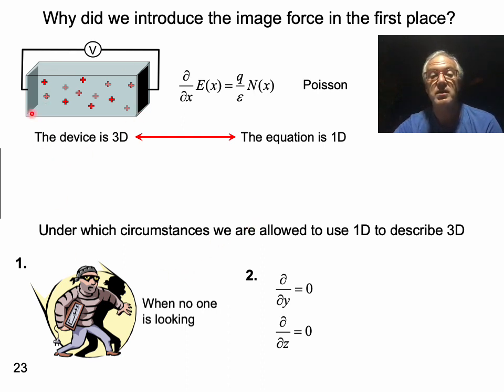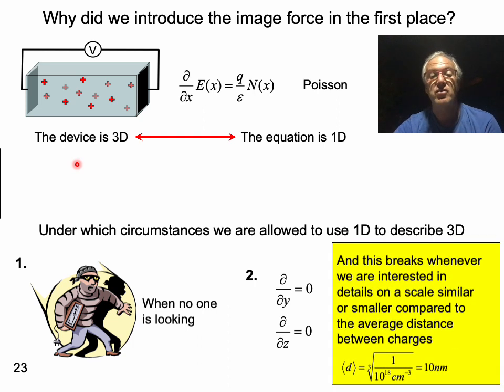Let's look at the charges here. That is really just an illustration, but nevertheless, if we go close enough and we are interested in the dimension of the distance between these charges, then really on the scale of the charge density, of course the system is not uniform, because you see a charge, there's no charge, and then you see a charge again.